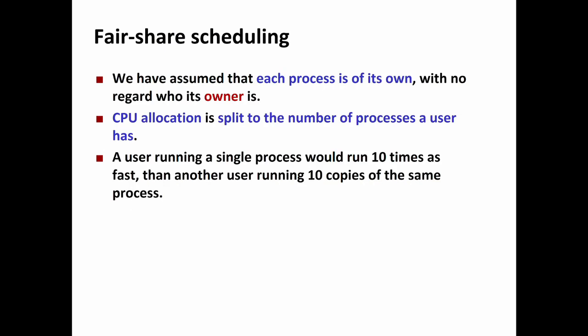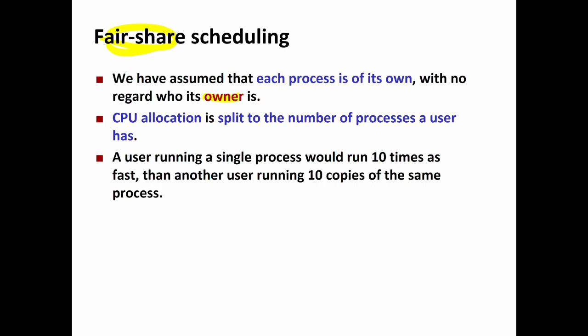Now, so far we have assumed that the processes are on their own, but in fair share scheduling it matters who the owner is. Imagine students in the same class sharing the same CPU. If one student runs two processes and the other student runs five processes, and we treat all the processes as equals, then the second student will get more of the CPU.